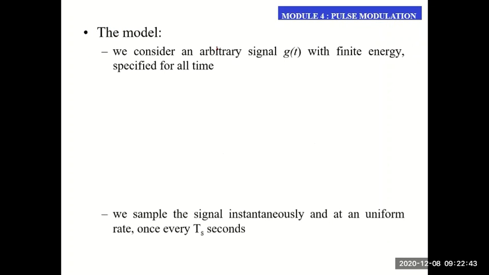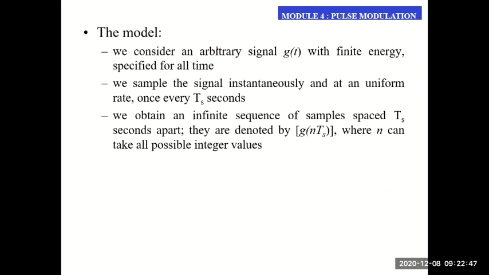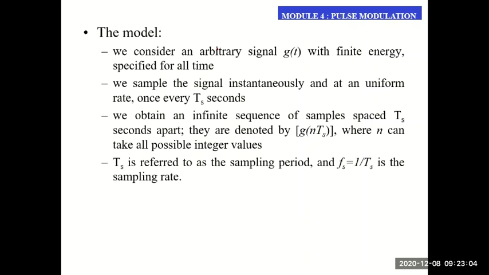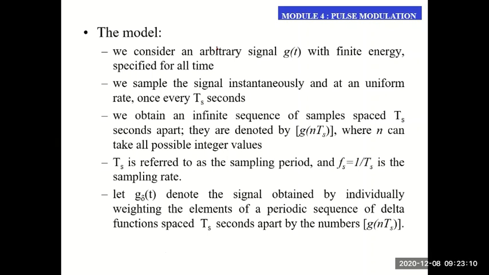For the sampling theorem, we are considering the input signal as g of t, and the sampling time period as Ts. Ts is 1 by fs. We'll call the set of samples which are spaced Ts seconds apart g of nTs; we'll come to it later. Ts is referred to as the sampling period, which is 1 by fs.